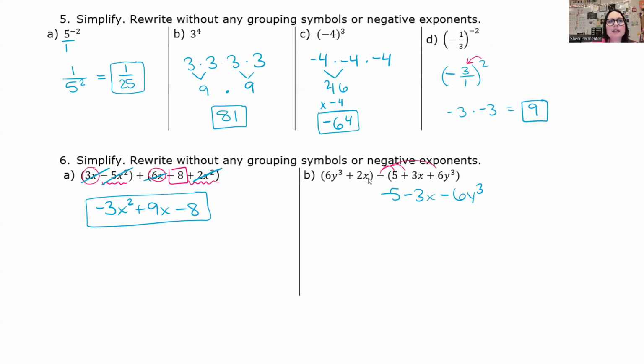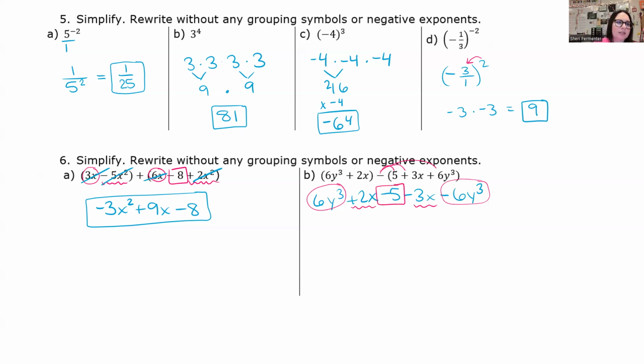I didn't do anything to this, so I can just write it the exact same way that it is. 6y to the third plus 2x. Now I'm going to find like terms. So do I have any other y to the thirds? Yes. So I'm going to combine these. Do I have any other x's? Yes. And it looks like I just have one constant by itself.